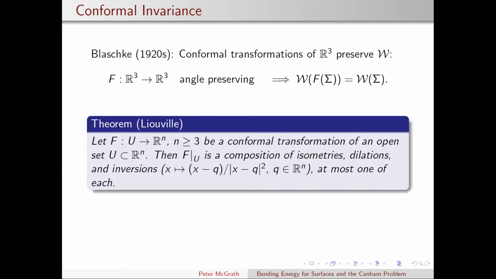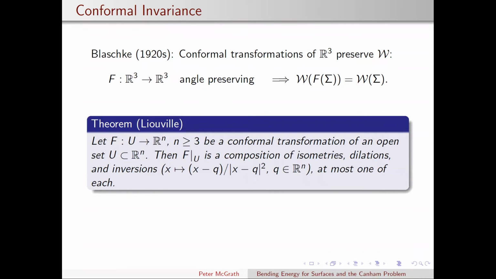So there's a natural question: what are all the conformal transformations of R3? There's a classical theorem of Liouville that says basically they are very well understood. You have isometries of R3, so rotations, reflections, translations. These clearly don't preserve the geometry of the surface at all. We also have the dilations, which are conformal transformations.